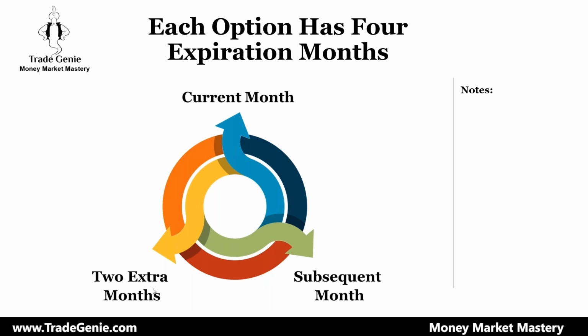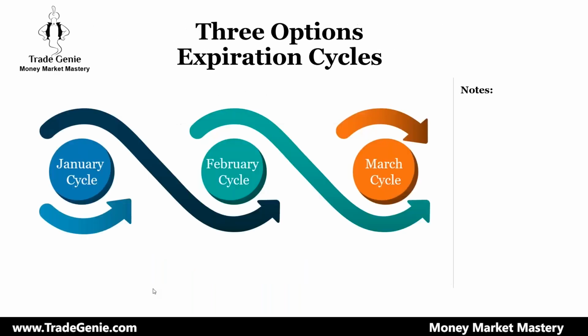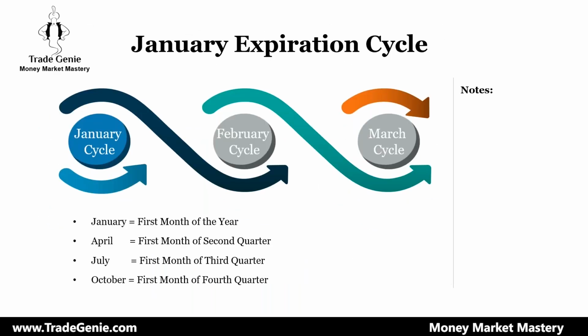So 2 extra months. If it is assigned on a January cycle, then the 2 extra months you will see right now, because the subsequent month is September, are these: if it is assigned to the January cycle, you will see the month of October is open for trading. So you will see a stock having August options, September options, and October options.